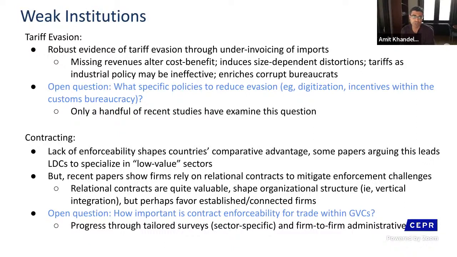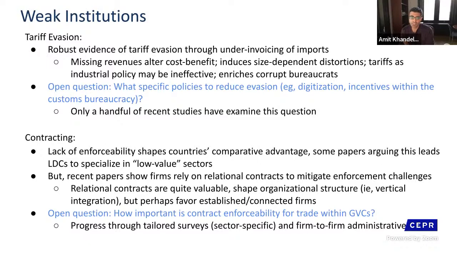Where we think that the literature has had actually quite a longer history of thinking about weak institutions and trade is in the form of tariff evasion. So I think there is now robust evidence of tariff evasion through different countries, typically coming through the under-invoicing of imports. And this can potentially matter because it means that there may be revenue that's altering the typical cost-benefit calculation that we think about when doing a trade policy exercise.